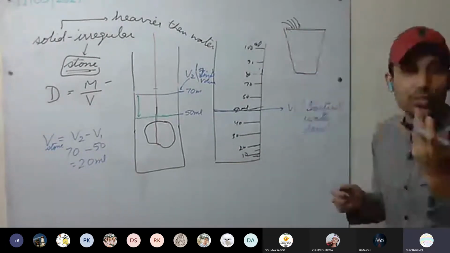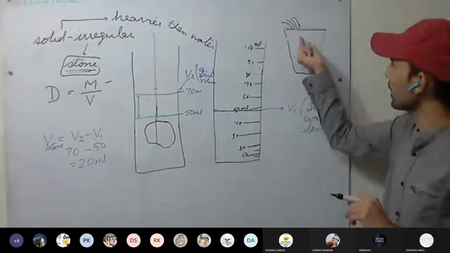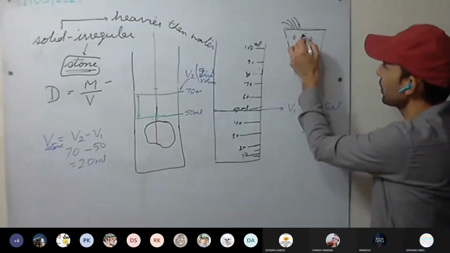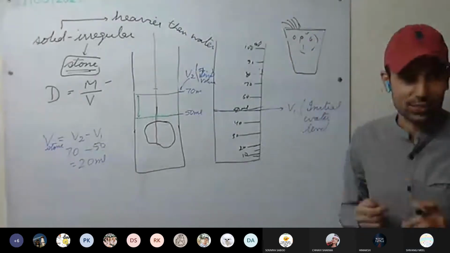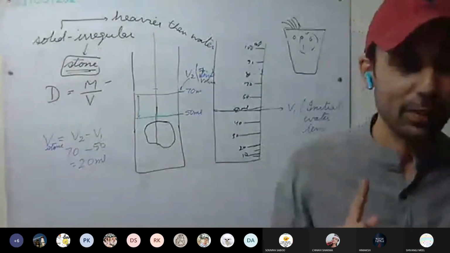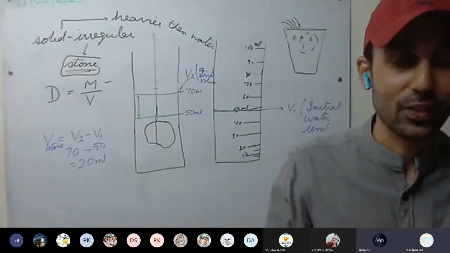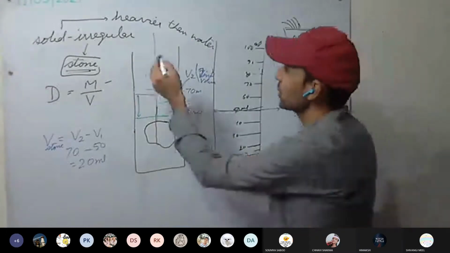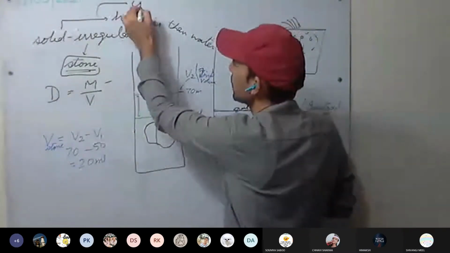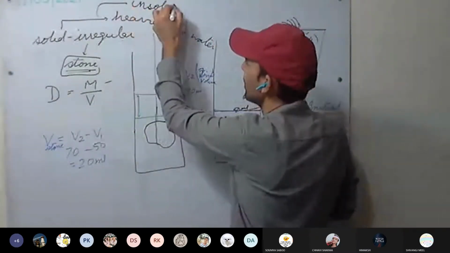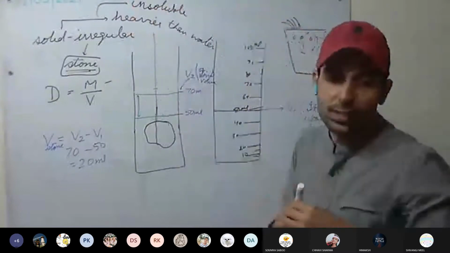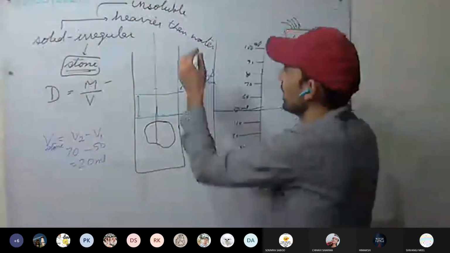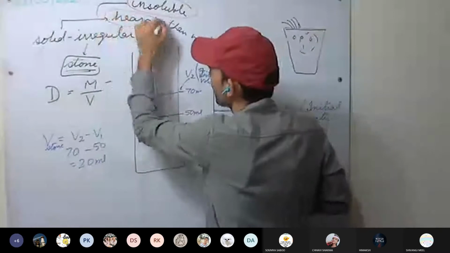The water level was not rising. Molecules of the sugar were taking space in the intermolecular spaces between the water, okay? You remember that one? Yes, sir. Okay. So that's again one problem. So this solid should be insoluble and heavier than water.